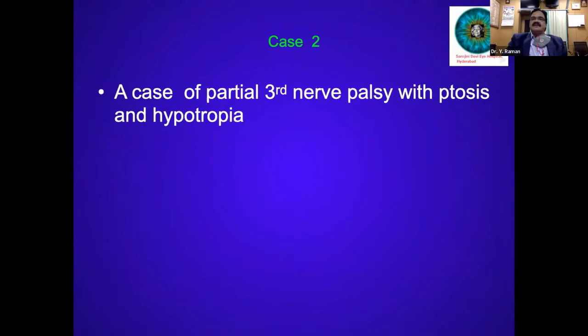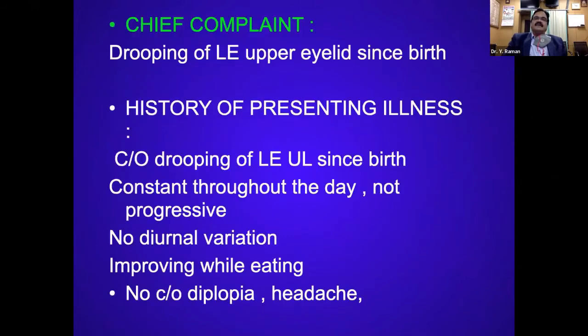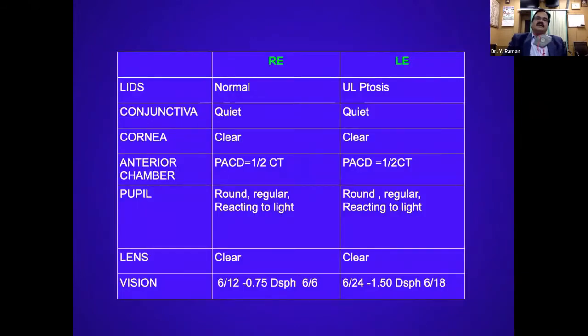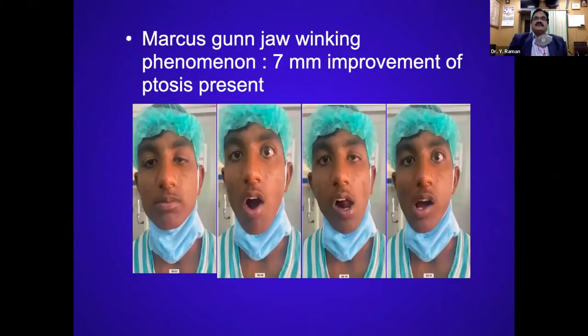Then the second case I'm presenting here. This is a patient showing Marcus Gunn jaw-winking phenomenon and a hypertropia with a little bit of exotropia, with -1 adduction limitation, with a pseudoptosis and a true ptosis component.